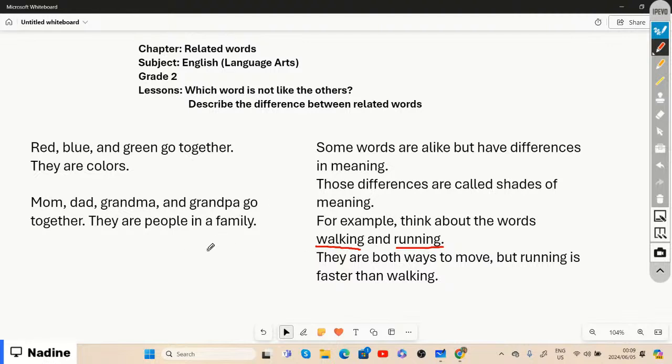And if we also look at more related words, then we have words like red, blue, and green, right? So those are colors, and colors, they go together.